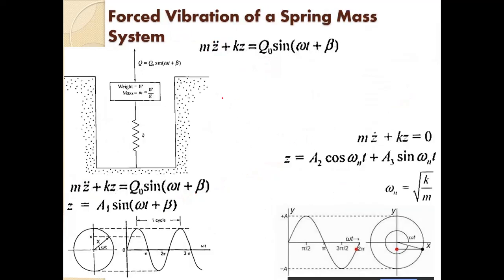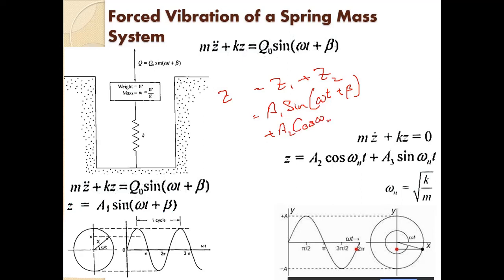Okay, so basically what happens is that at the start of the motion there is a superposition. So we have a1 sine of omega t plus beta, plus a2 cos of omega n t, plus a3 sine of omega n t.